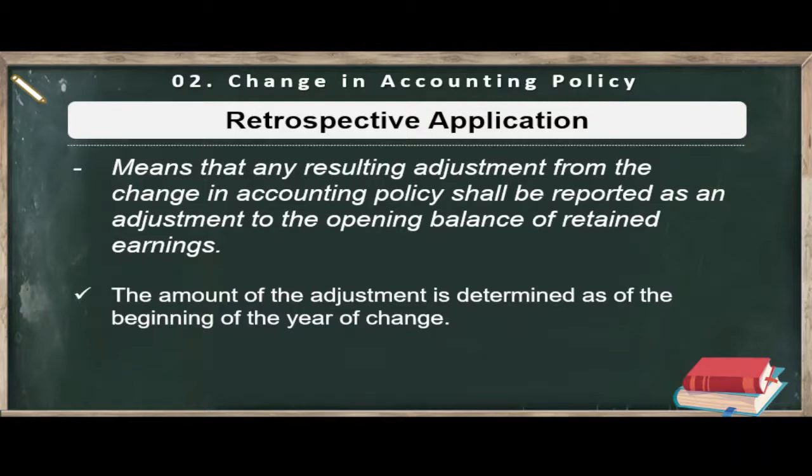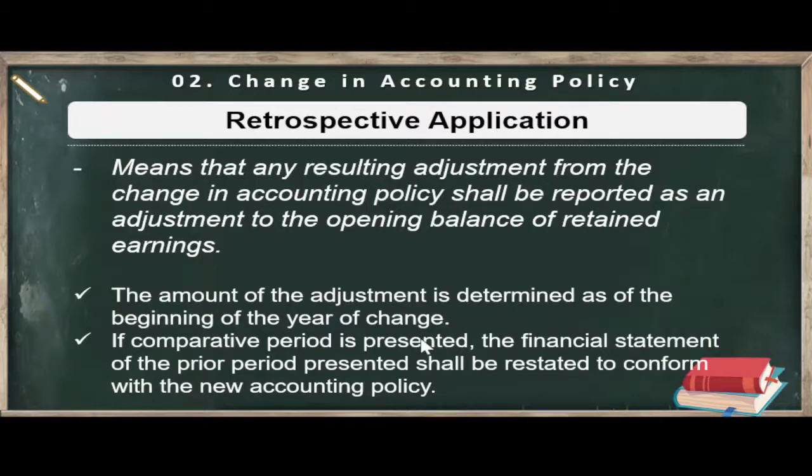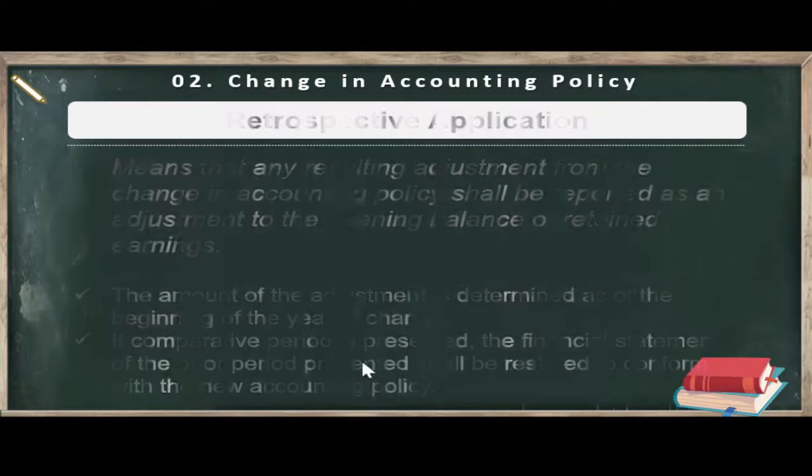That's as far as it goes. So if there is a change in the asset or the liability, the counterpart would be income statement accounts, and you replace those income statement accounts with the retained earnings account. So you have to adjust the opening balance. The amount of the adjustment is determined as of the beginning of the year of change. If comparative information is presented, meaning several years are presented, the financial statements of the prior periods presented shall be restated to conform with the new accounting policy.